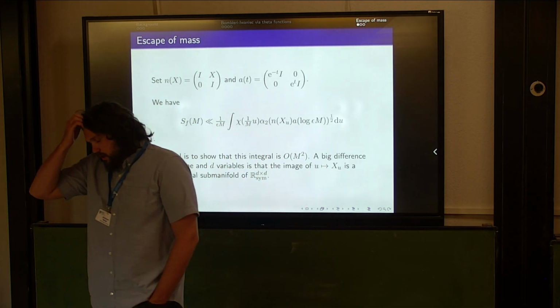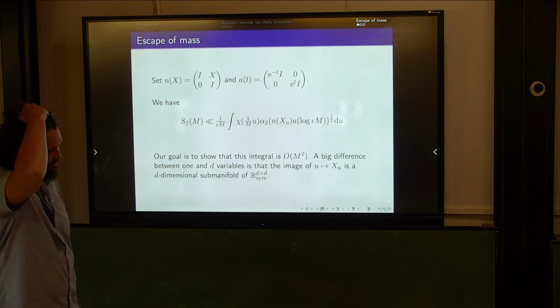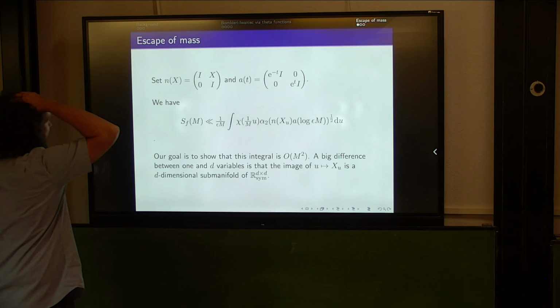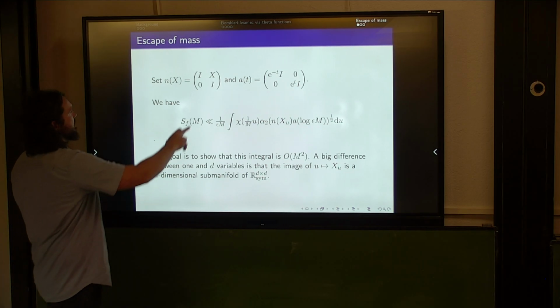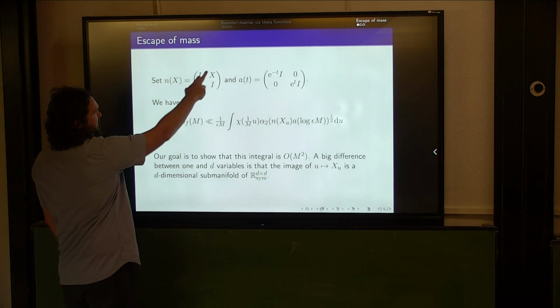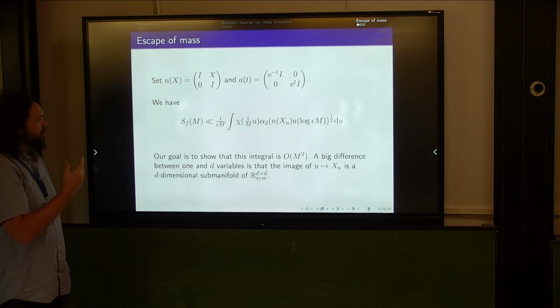Now, what to me makes this problem pretty cool, and probably the last thing I'll be able to say before my 10 minutes is up, is that here X is a symmetric matrix, so this is like a three-dimensional horosphere, you would say.